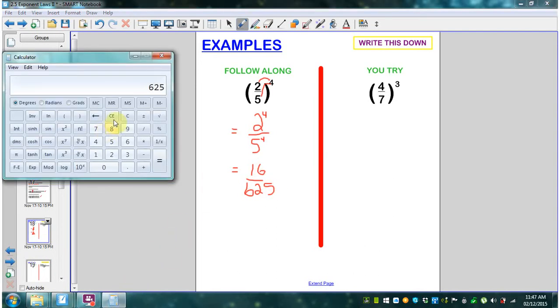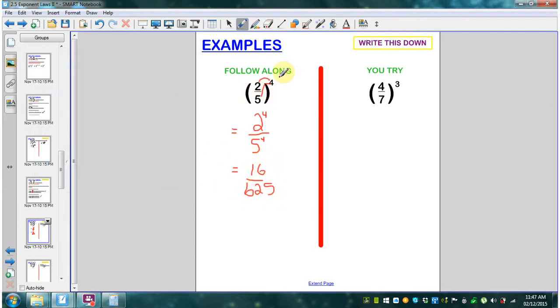So I don't actually know off the top of my head how that can simplify. Divisible by, don't think it can be simplified. 625 divided by, no. Nope, so we're just going to leave it like that for now. Alright, I want you to make sure you have that written down, then I want you to give this one a try.